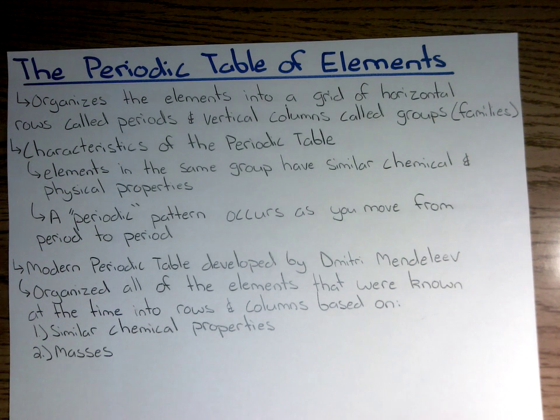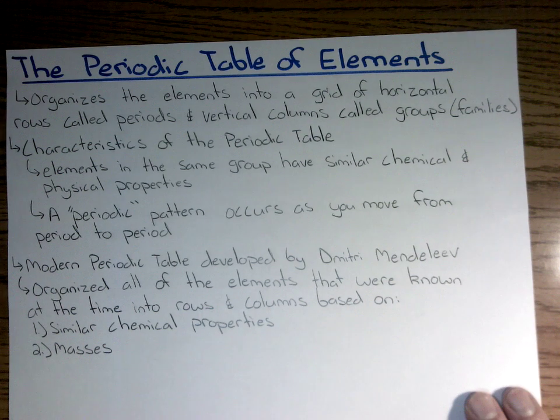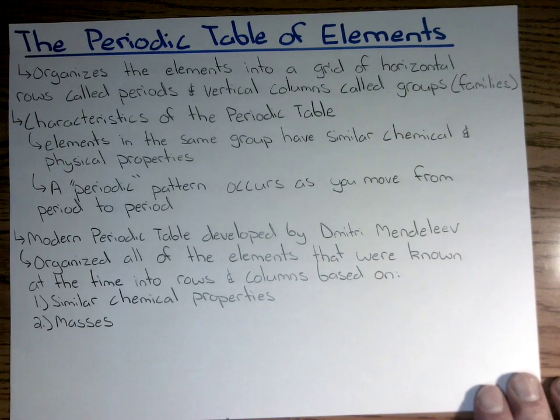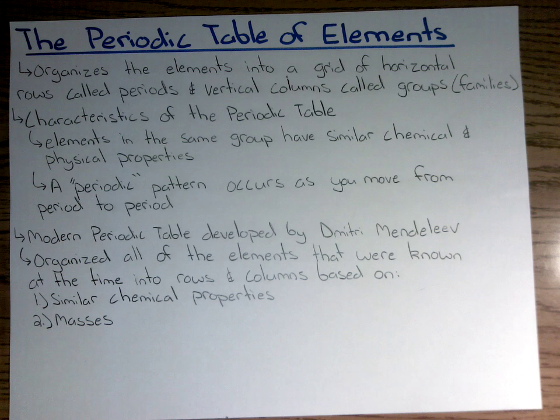Now, Mendeleev wasn't the first person to organize the elements, or even to put them in a table, but what made him prolific here was that he organized the periodic table so that he left spaces to accommodate elements that had not yet been discovered at that time.